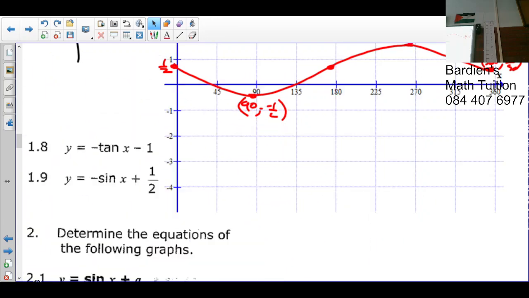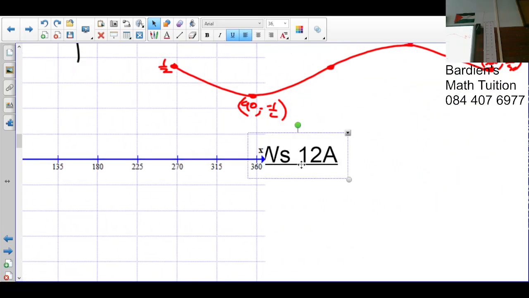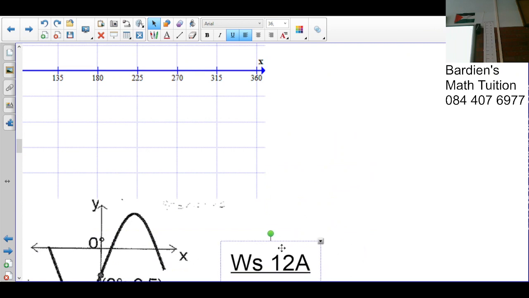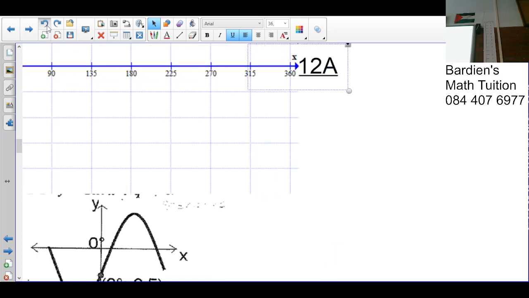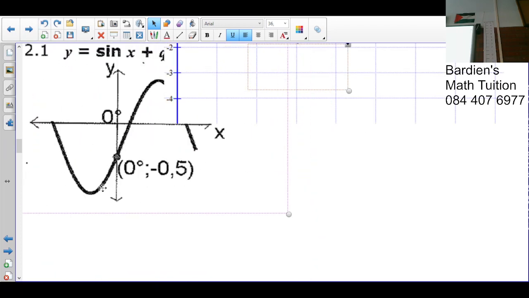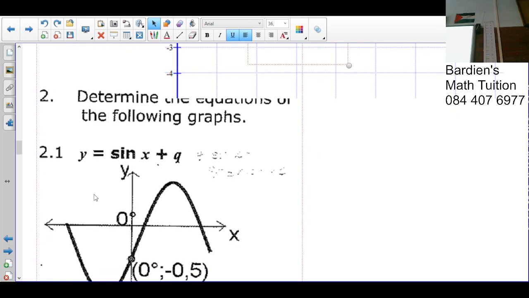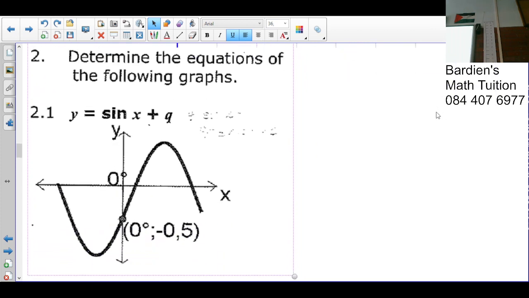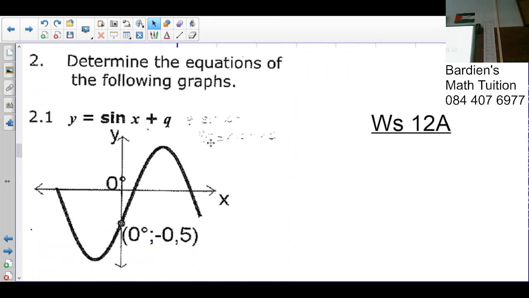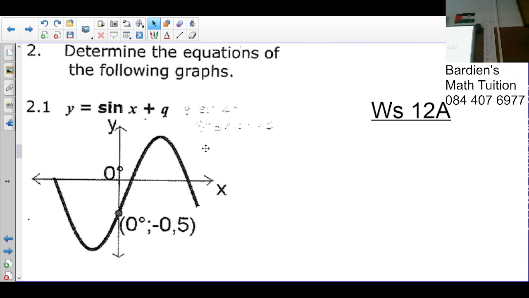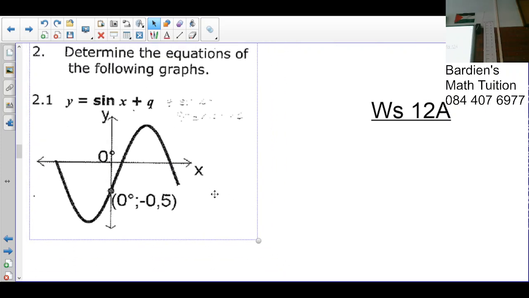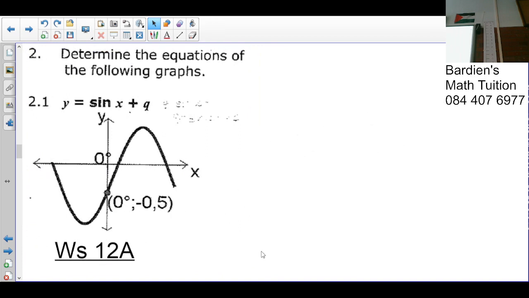No. Right, so now we're looking at determining the equation of the following graphs.